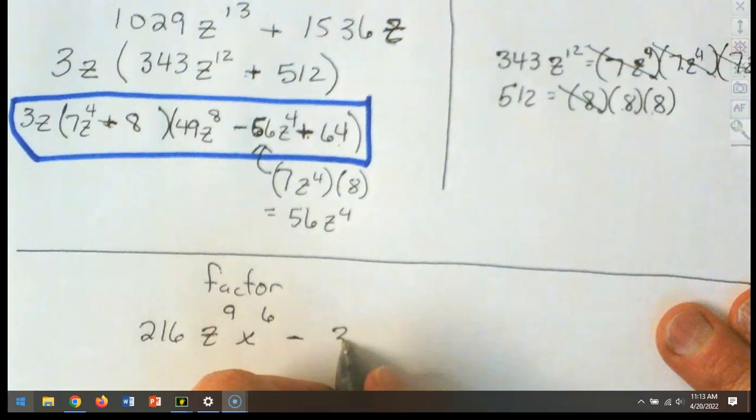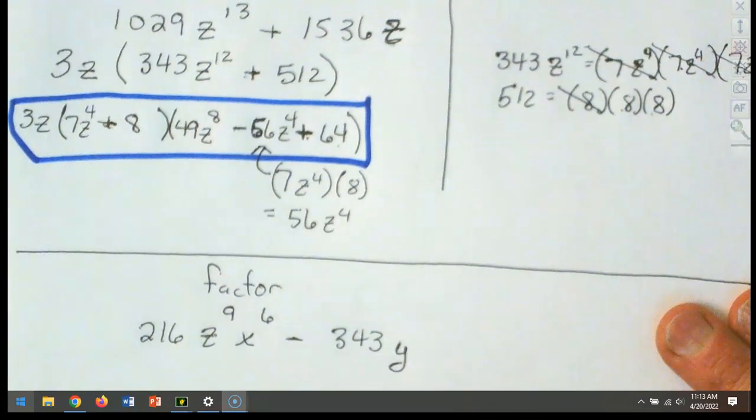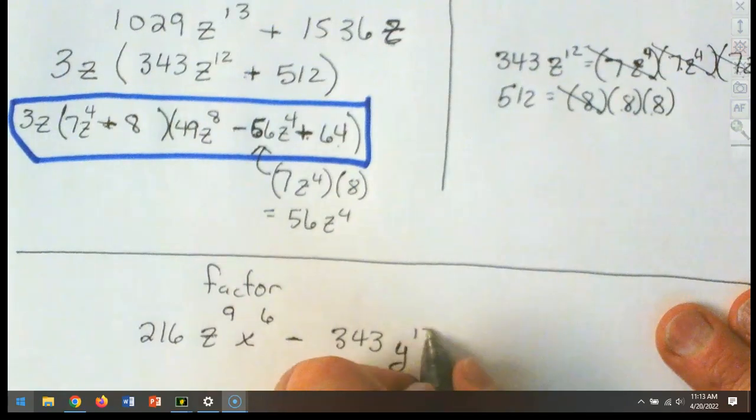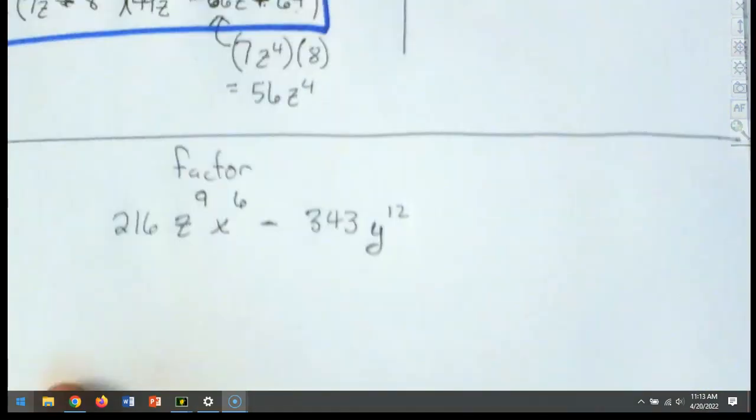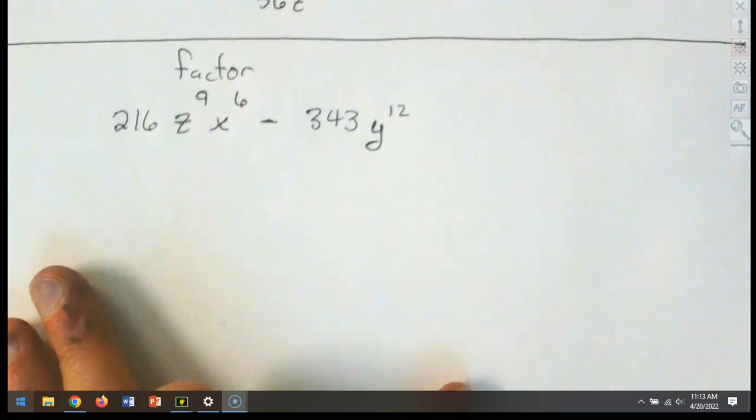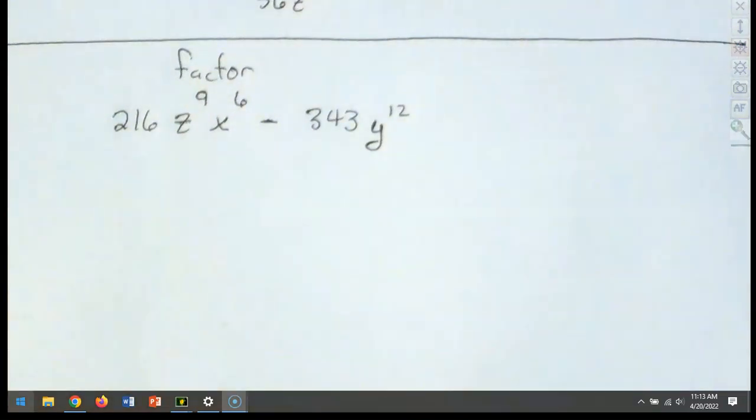How about 343 y to the 12th? So no more difficult than any of the others. You just got to be careful with the exponents. That's the only difference.